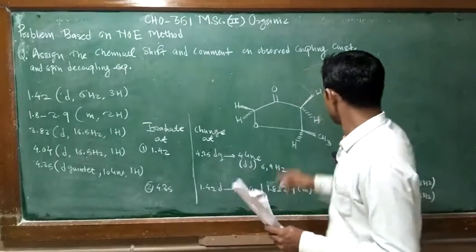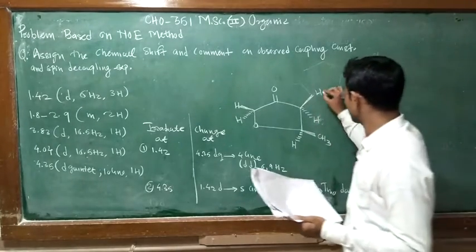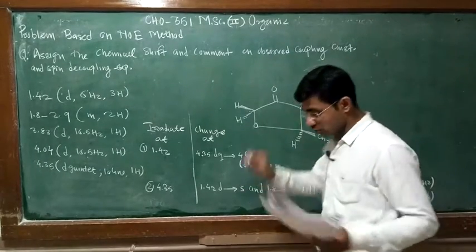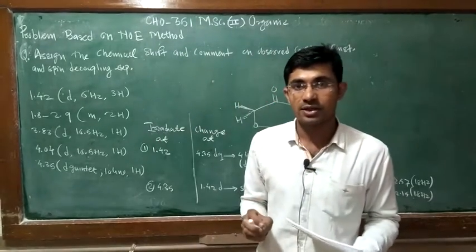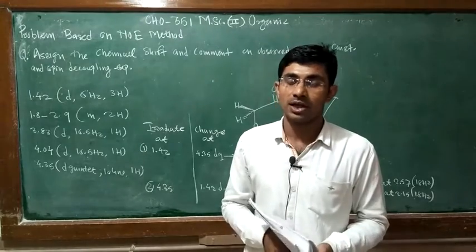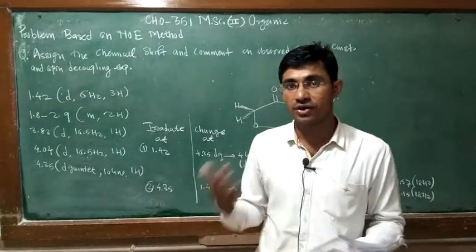So these are diastereotopic protons. Diastereotopic, you know very well. In the first lecture, I discussed diastereotopic protons. In 1H NMR, diastereotopic protons are non-equivalent, meaning they give different signals.